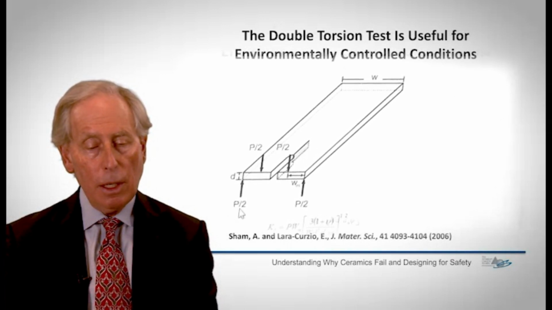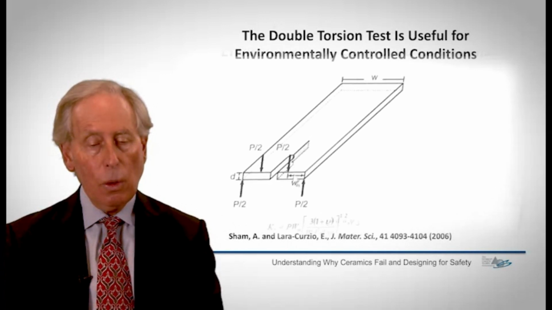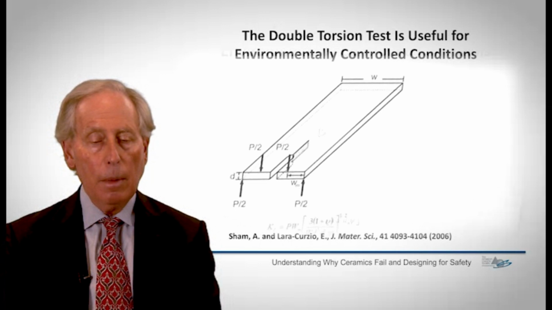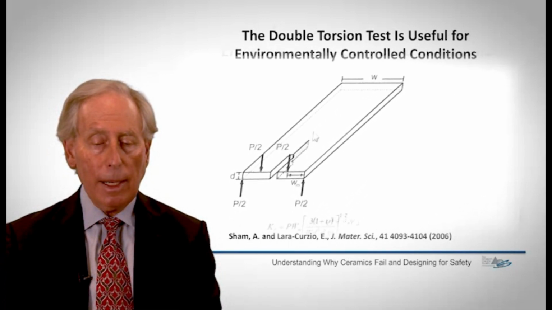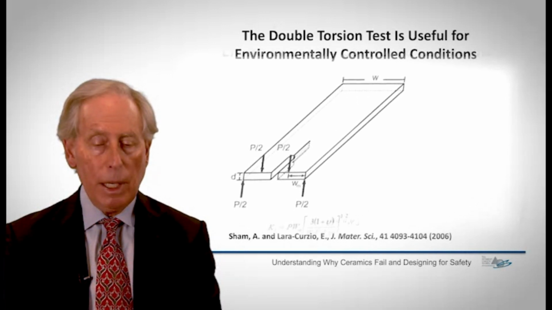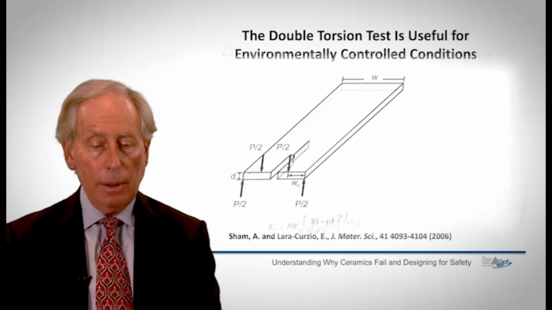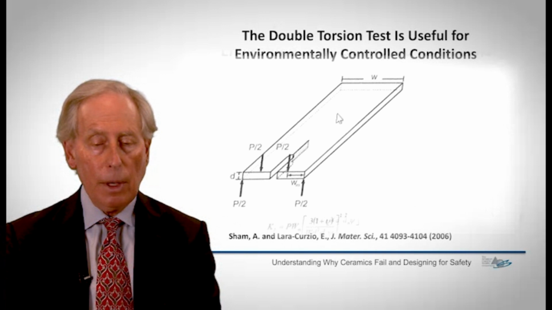The geometry is such that I apply a torsion, or there's a twisting motion, to each side of this beam that you see here, and the configuration is such that the crack naturally wants to grow down the center of the beam. Here's the expression that you use to calculate the stress intensity at each point, and the stress intensity factor is independent of crack length.